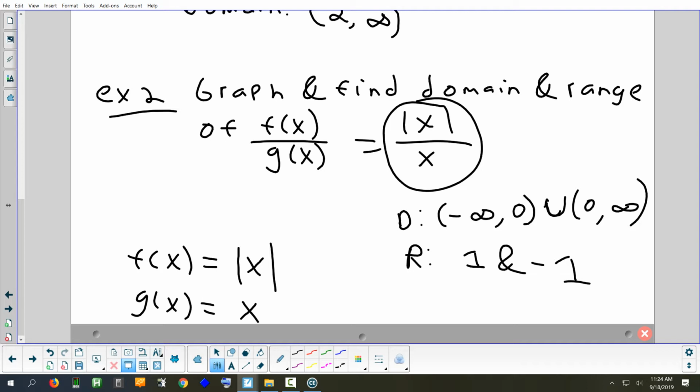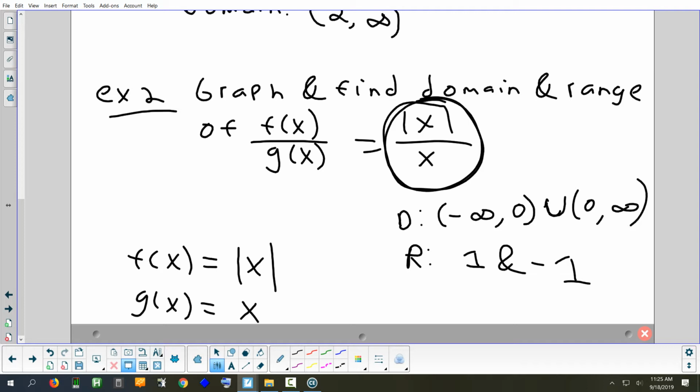Plug in a number for x into this formula in your head and see what you get. Like plug in 5. Absolute value of 5, 5. 5 divided by 5, 1. 7. Absolute value of 7, 7. 7 divided by 7, 1. So you get 1 a lot. You get -1 if you plug in a negative number.